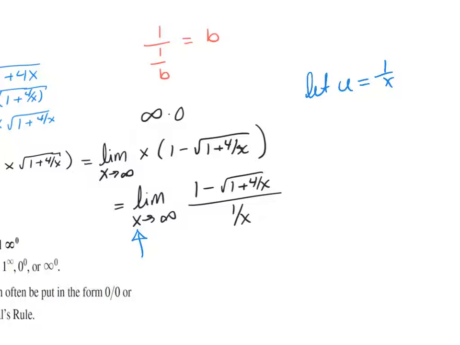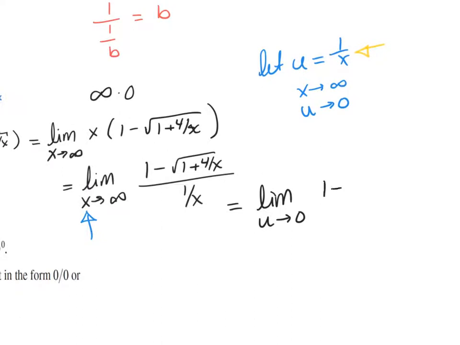As x goes to infinity, this 1 over x, u will go to 0. So as x gets really large, the way I defined u will go to 0. That means this is going to be equal to the limit as u goes to 0, because I'm changing it to u.